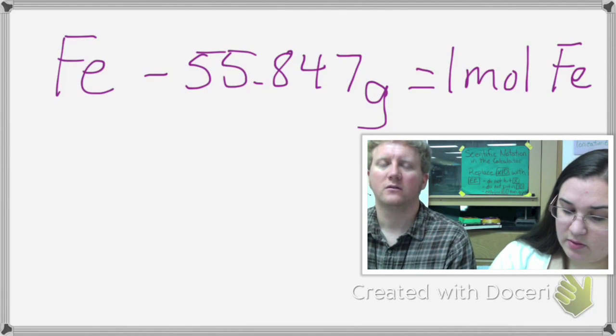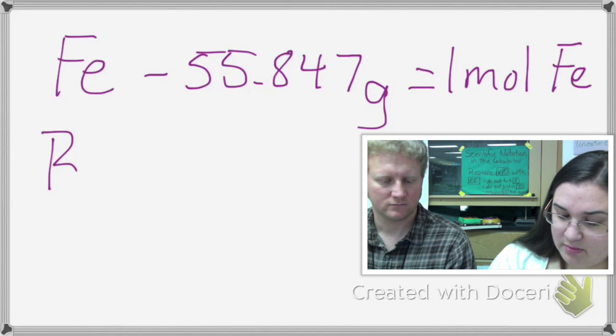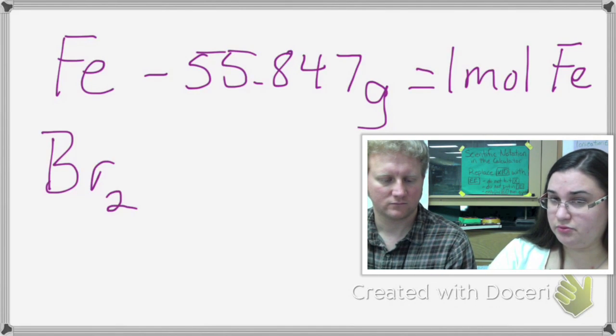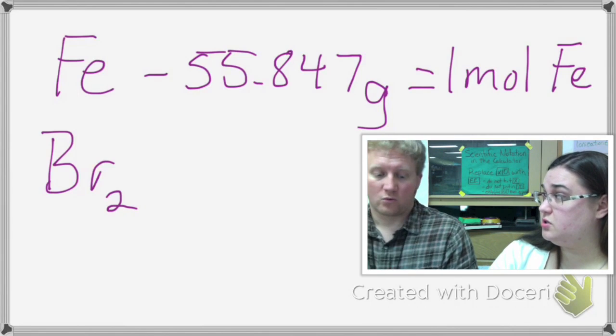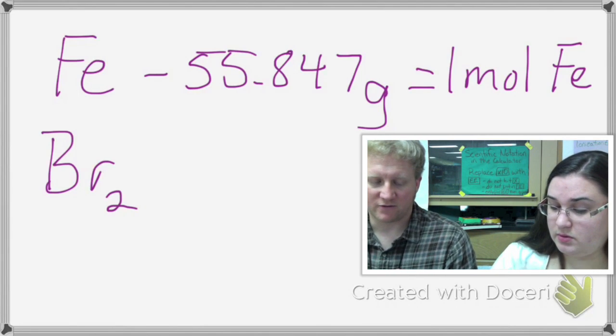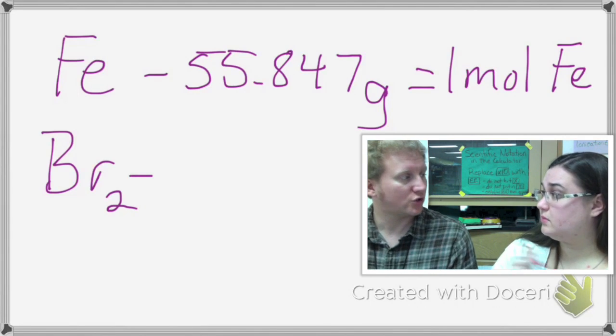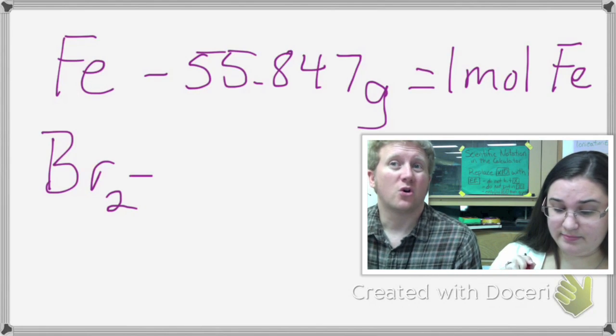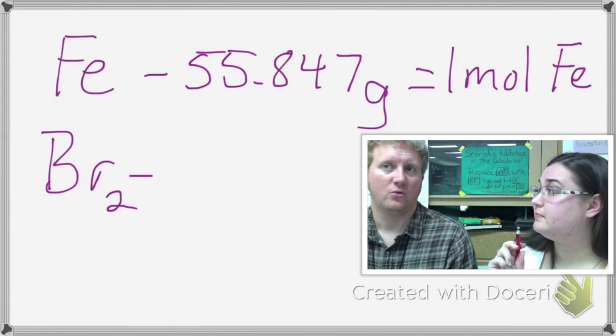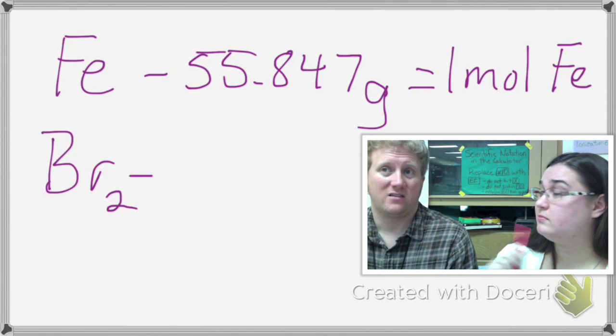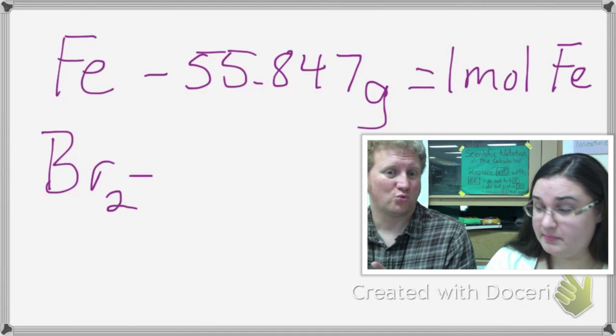So, if I was to ask you for the molar mass of Br2, what would I have to do? Well, we know the 2 means there's 2 bromines. So I have to multiply the mass of the bromine by 2.